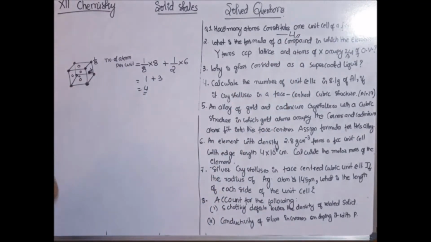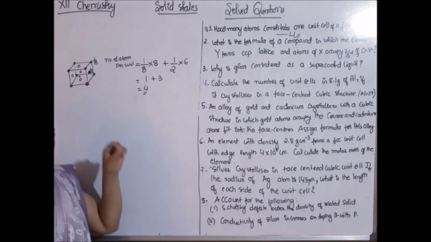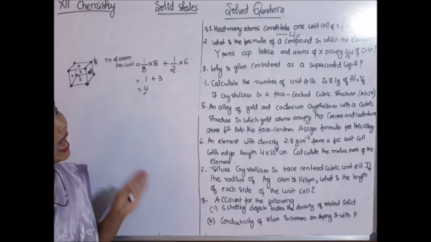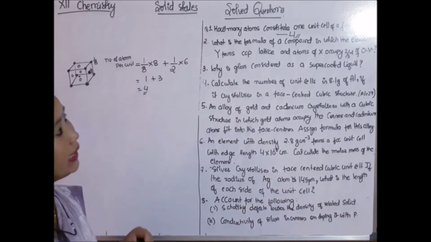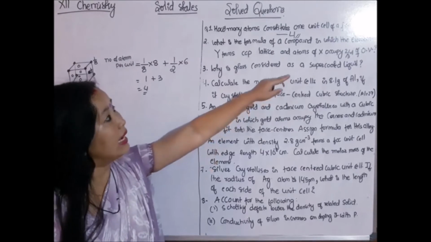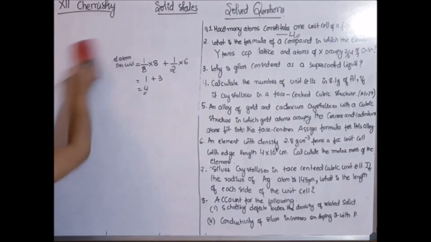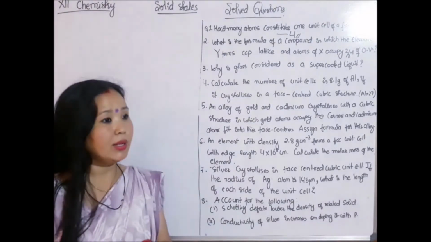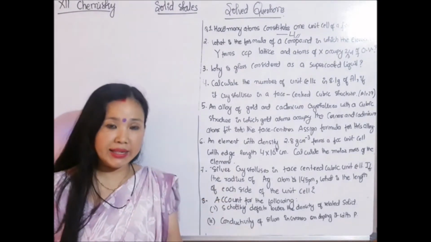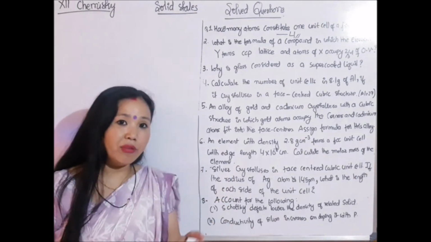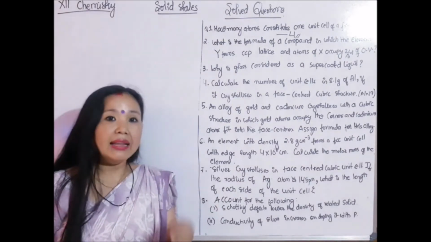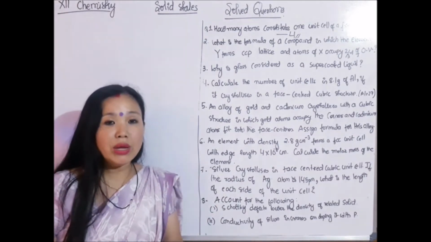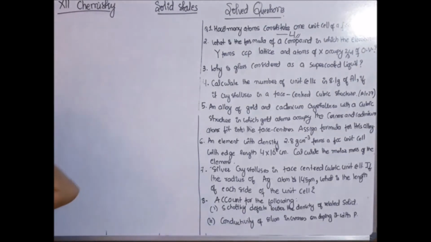Now next is: what is the formula of a compound in which element Y forms a ccp lattice and atoms of X occupy 2/3 of the octahedral voids? In a ccp arrangement, if the number of particles is n, then the total number of octahedral voids will be n, and the tetrahedral voids will be 2n, which we have already discussed.